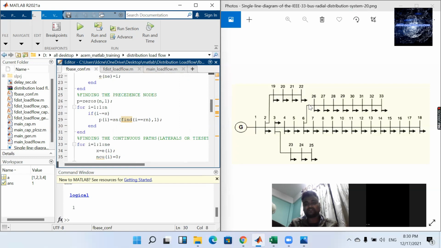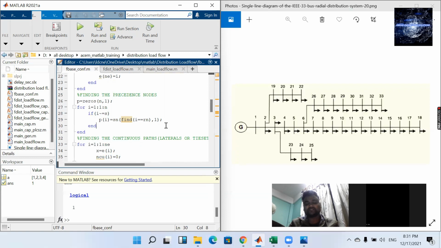For easiness here, we know that if 26 is the receiving node, then the corresponding line is the bus number minus 1, that is 25. But it may be different in other networks. For easiness we have assumed that, but in general we have to write the program for general purposes that can be used for any network.